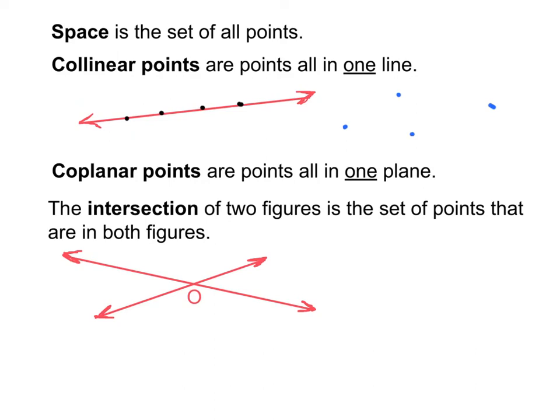Imagine the wall in your bedroom and the ceiling in your bedroom. Where do they intersect? They are going to intersect in a line. Similarly, what would be the intersection of a line and a plane? A line that goes through a plane. If you think about it, the intersection would be a point.